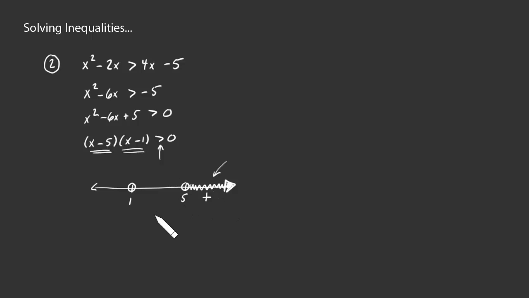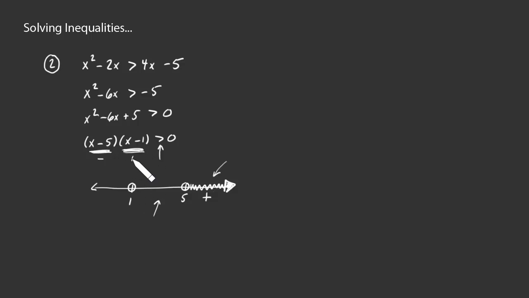What about in this interval from 1 to 5? Well, let's see. We're smaller than 5, but bigger than 1. If we're smaller than 5, isn't this guy right here negative? But if we're bigger than 1, what can we say about this?